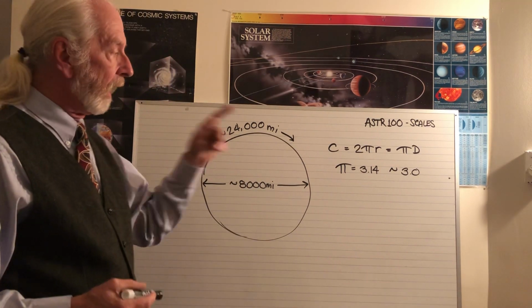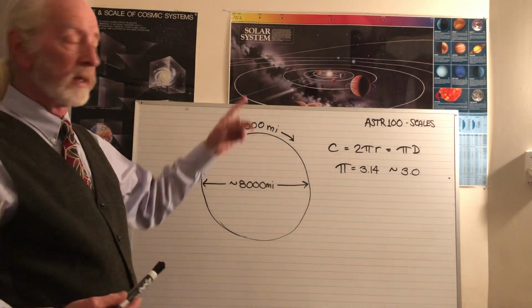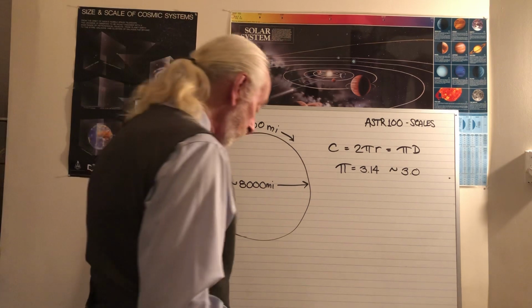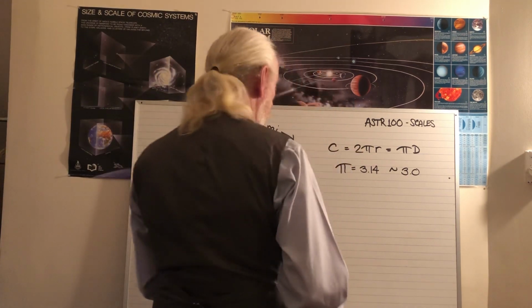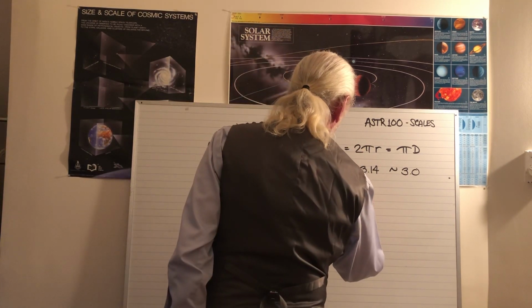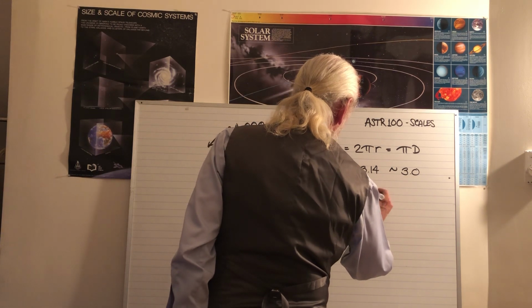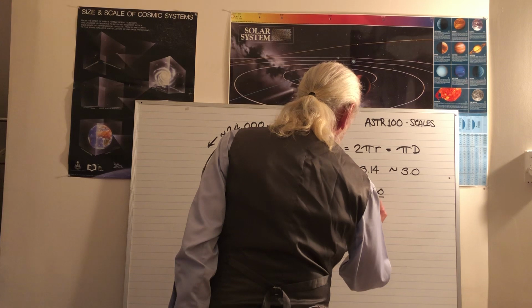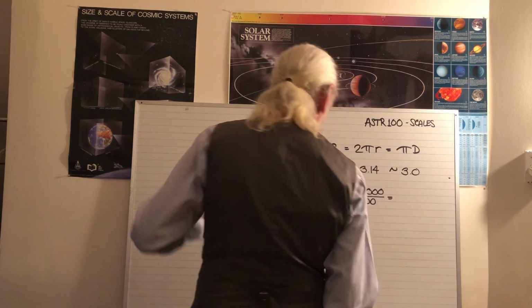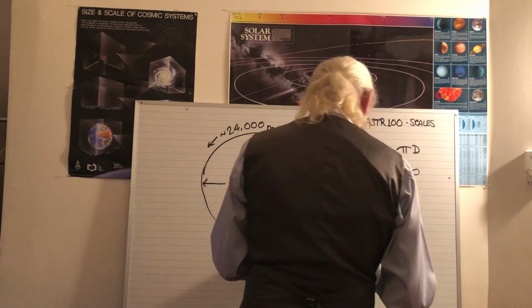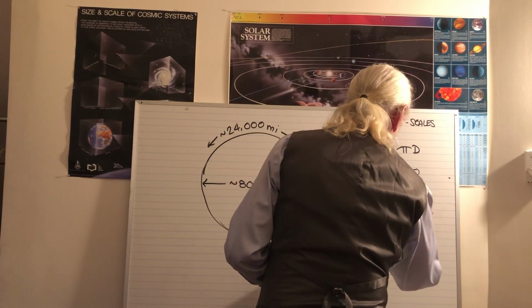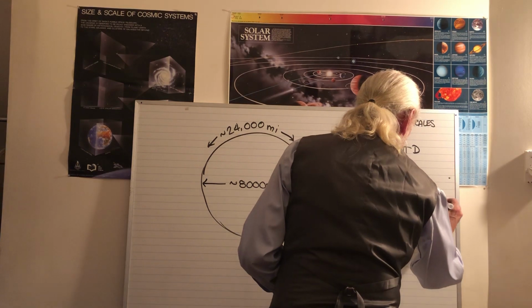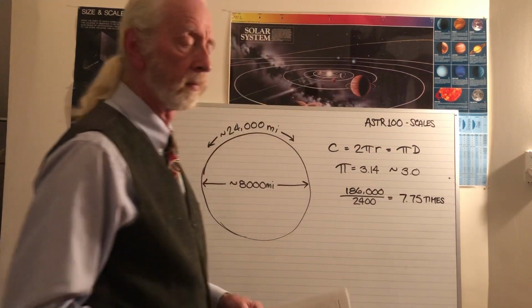So, how many trips around the world could we do in 1 second traveling at the speed of light? Well, 186,000 divided by 24,000, and that gets us 7.75 times in 1 second.